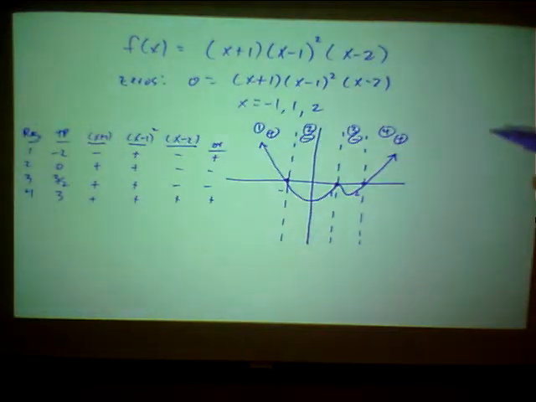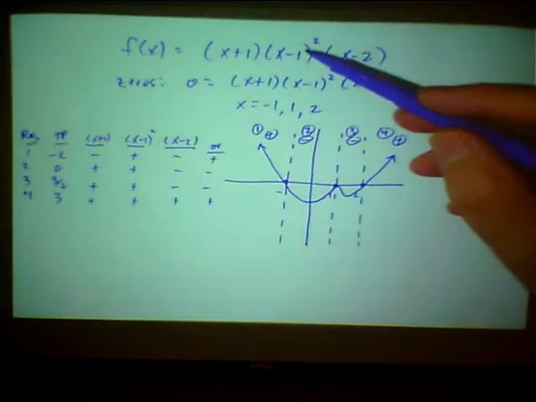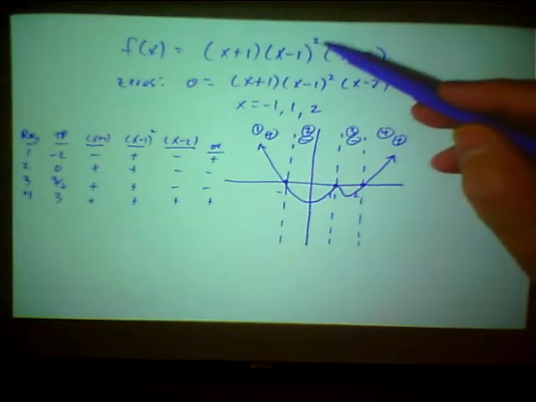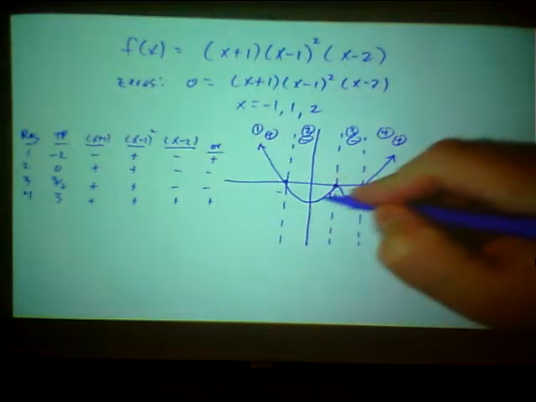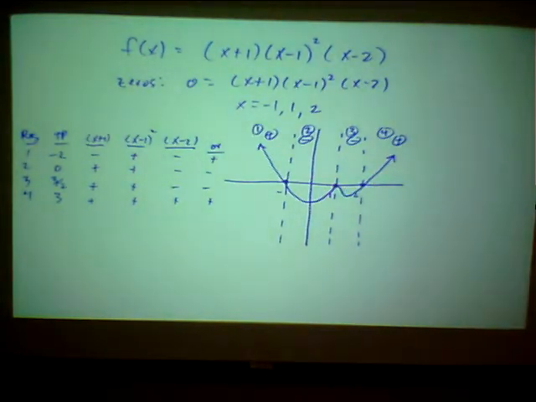And then when x is 2, I cross the x-axis and I go positive. And that's how this works. As a matter of fact, something you can learn when you're graphing these, if you have one of your factors squared, that's where it touches the x-axis and then turns around and goes back in the same direction.